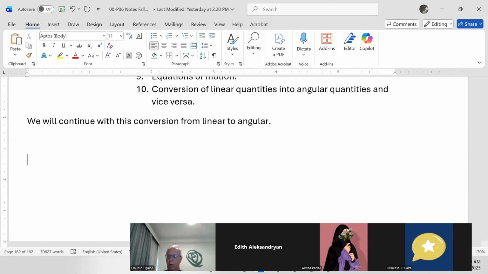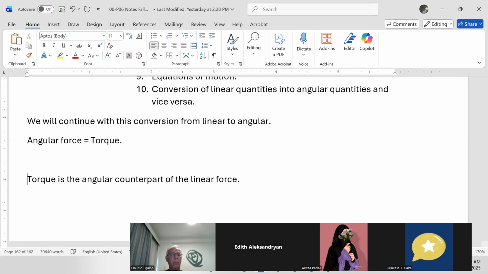And the first one that we're going to talk about is the force, the angular force. The angular force has a name, and we call it torque. Remember that. Torque is the angular counterpart of the linear force that we saw before.